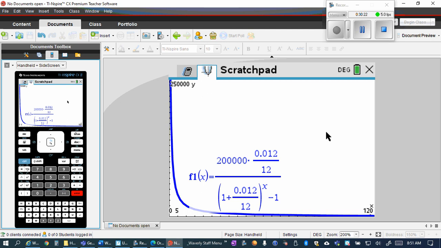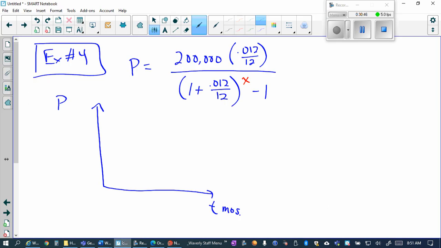So what's happening there? As time increases, in other words, as he has more time to let it grow, he can make a smaller monthly deposit to reach his goal. Does that make sense? Okay? So it's something like this. Okay?